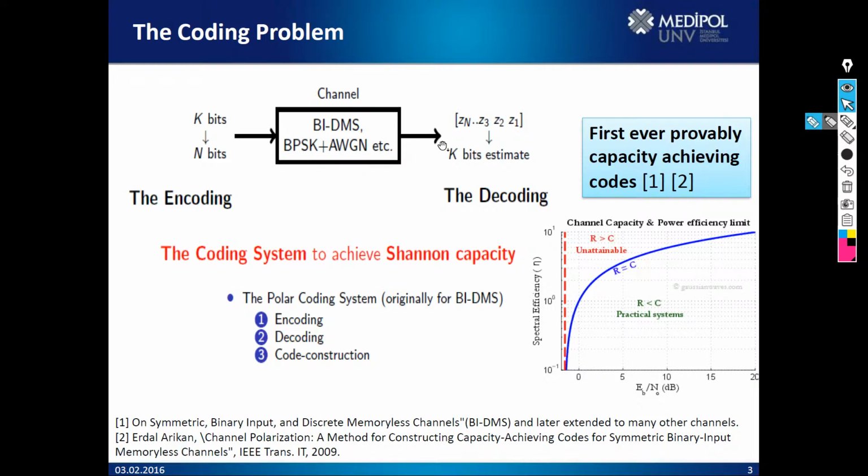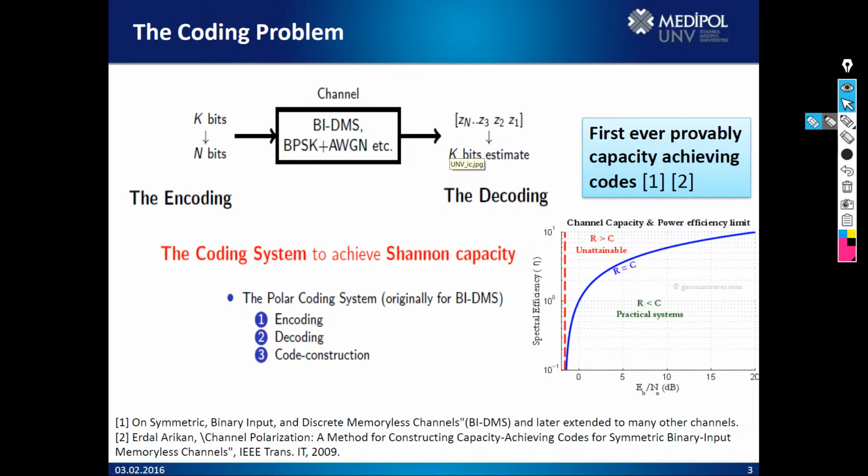Now, to overcome this problem, you need to add some redundancy and introduce some intelligence in the encoding process in such a way that this intelligence enables you to detect and correct the errors caused by the channel at the receiver side and then recover your message bits successfully.